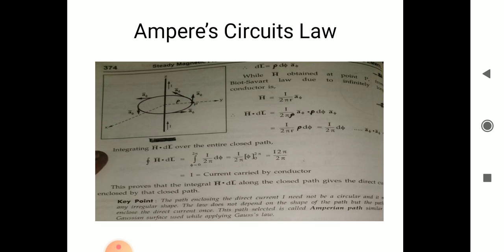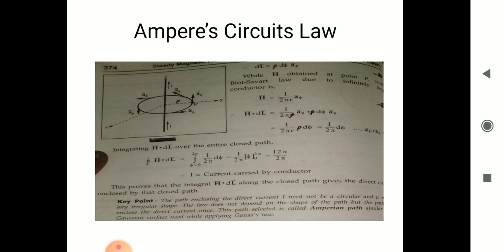After that, consider dl bar at point P, which is in the a phi bar direction, that is tangential to the circular path at point P as shown in the figure. Therefore, dl bar is equal to rho d phi a phi bar.